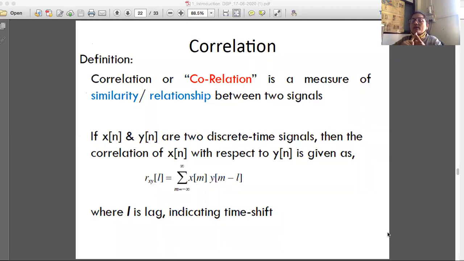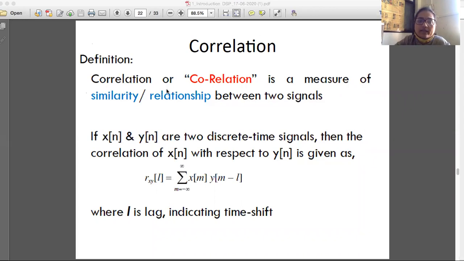That's all. Why do we use convolution? In order to perform the filtering operation. In order to find out the similarity between two signals, we use correlation analysis. All right.